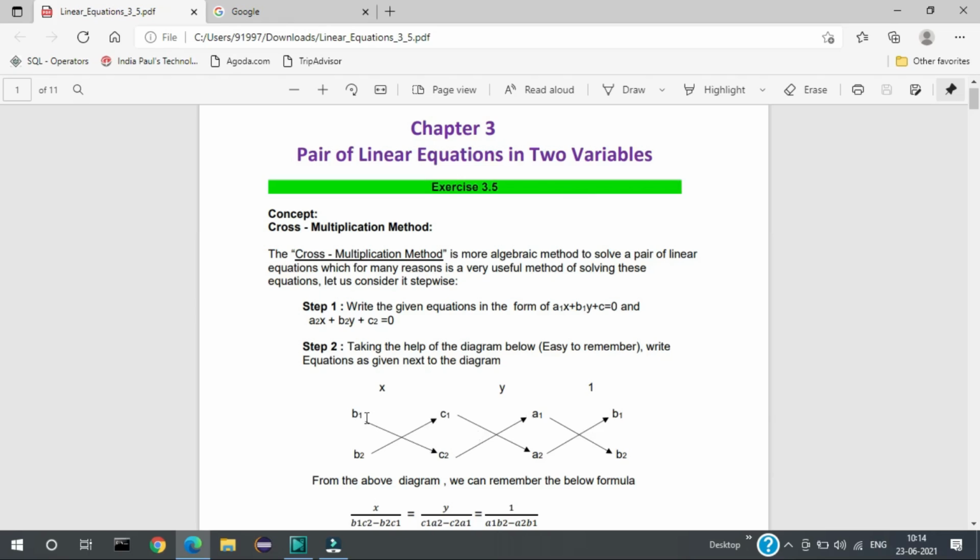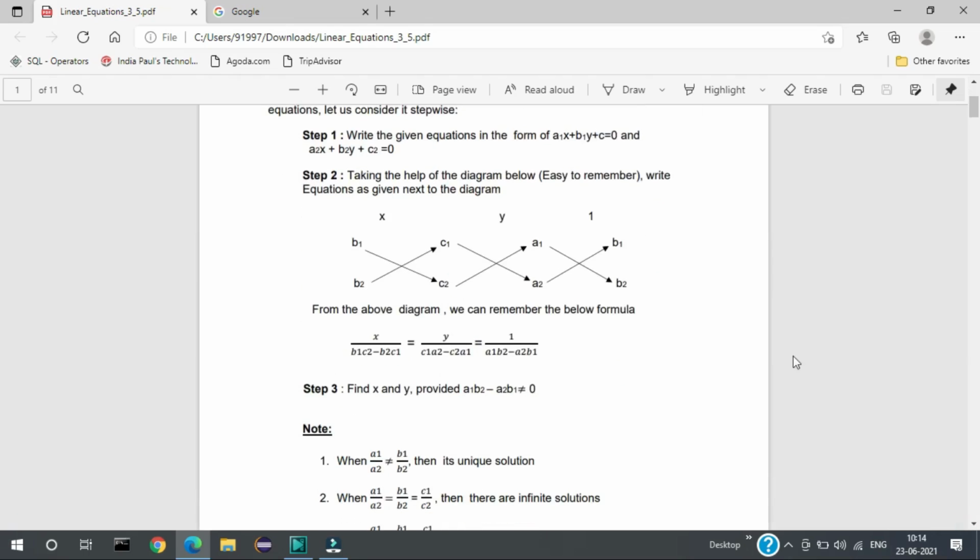So b1, b2, c1, c2, a1, a2 and again b1, b2. From the above diagram, we can remember the below formula: x by b1 c2 minus b2 c1 equals to y by c1 a2 minus c2 a1.